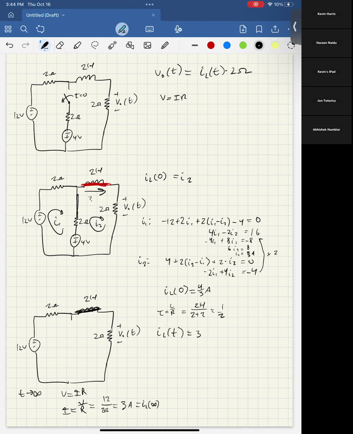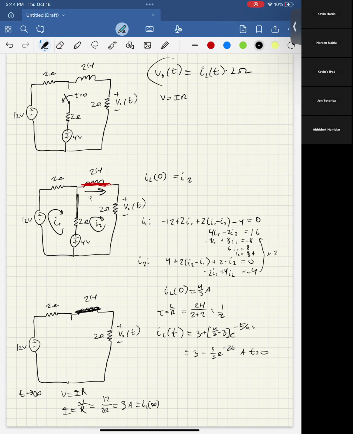Yeah. 3 plus 4/3 minus 3 times e to the negative t over 0.5, which is 3 minus, that's 9/3 minus 4/3, which is 5/3, I suppose, e to the negative 2t amps for t greater than or equal to 0.